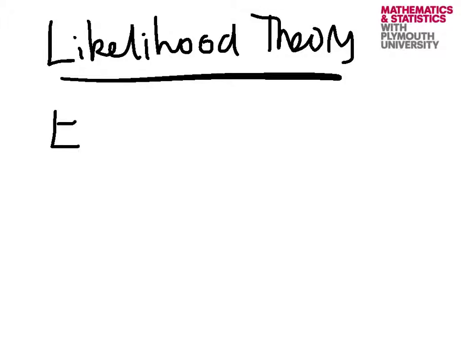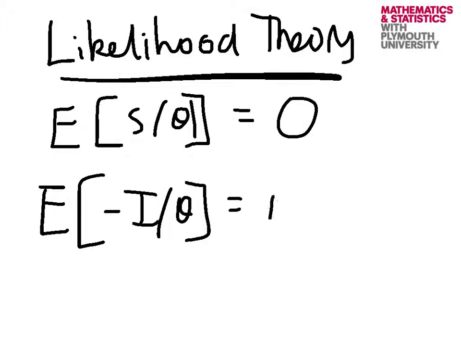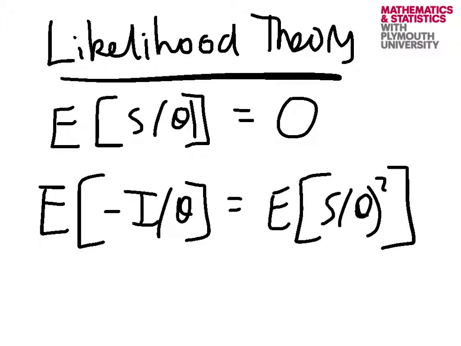If we just state the two results, they are that the expected value of the score equation is equal to 0, and the expected value of minus the information is equal to the expected value of the score squared. Quite how we use this won't be at all clear here, but if we're going to state results like this, it would be good just to check them.